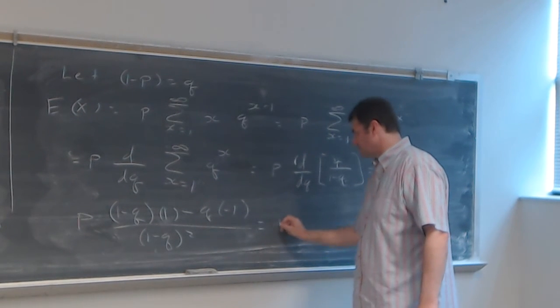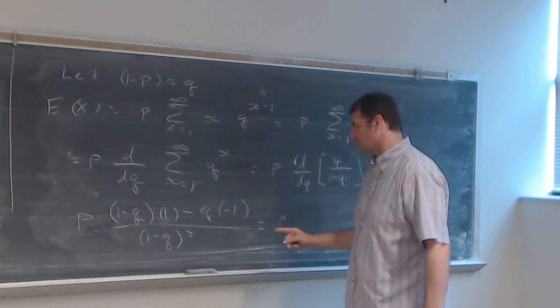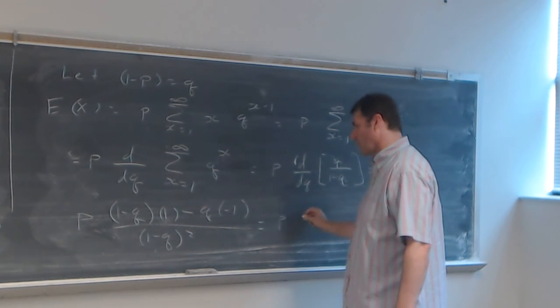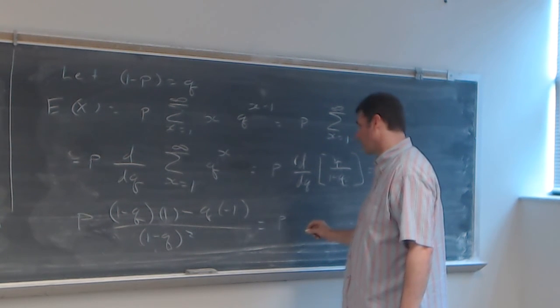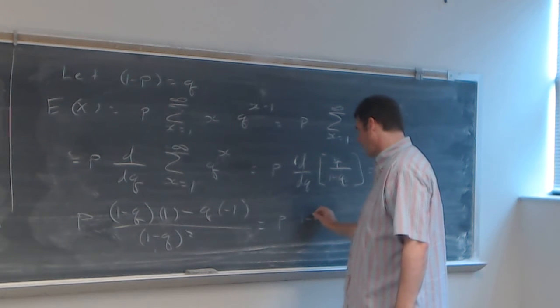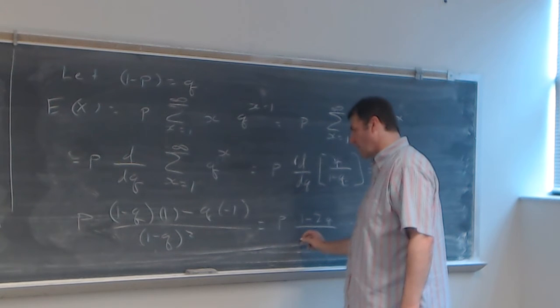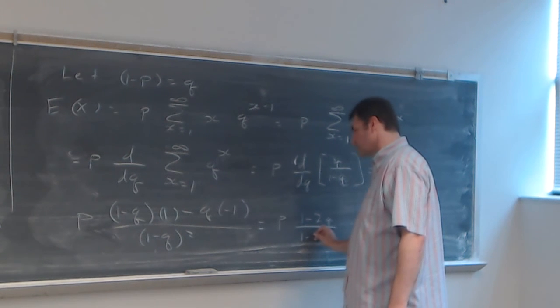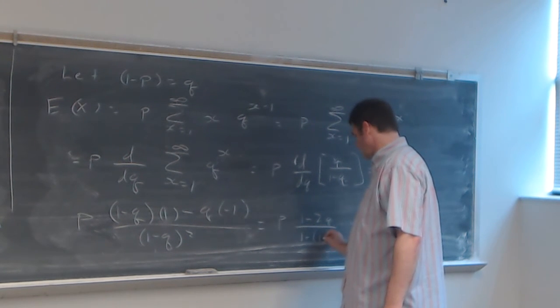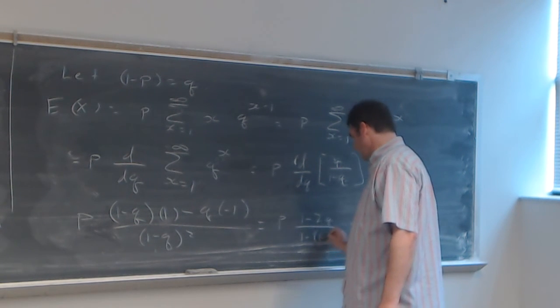That's equal to p, and let's see, this is going to be 1 minus 2q all over the bottom, 1 minus q squared. So what is q? q is 1 minus p.